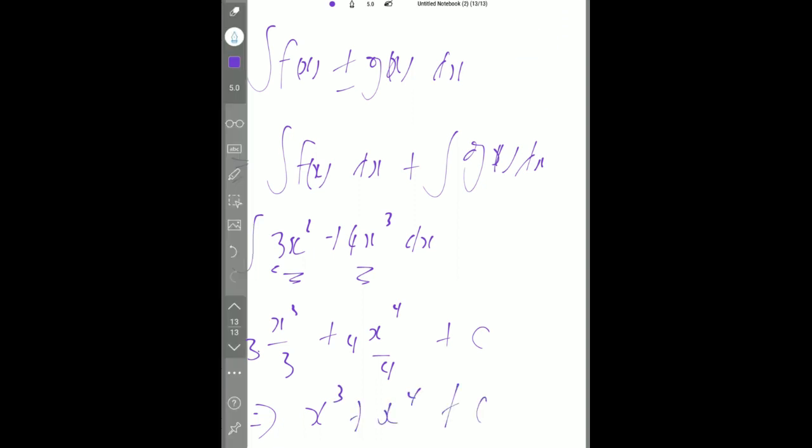Now, one last thing I must show you requires that you remember the chain rule from differentiation. So this is saying if you have ax plus b being raised to the power of n, when we were differentiating it, all we did was to differentiate the outside and then multiply by the differential of the inside. Now what we're going to do for integration is to integrate the outside and divide by the differential of the inside.